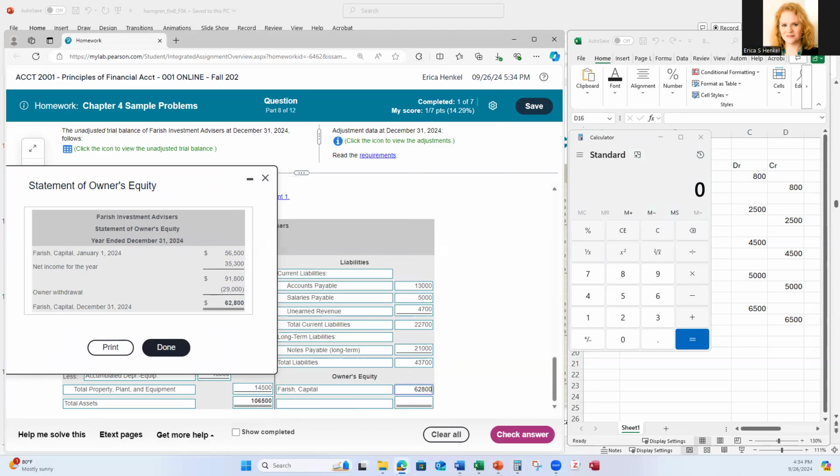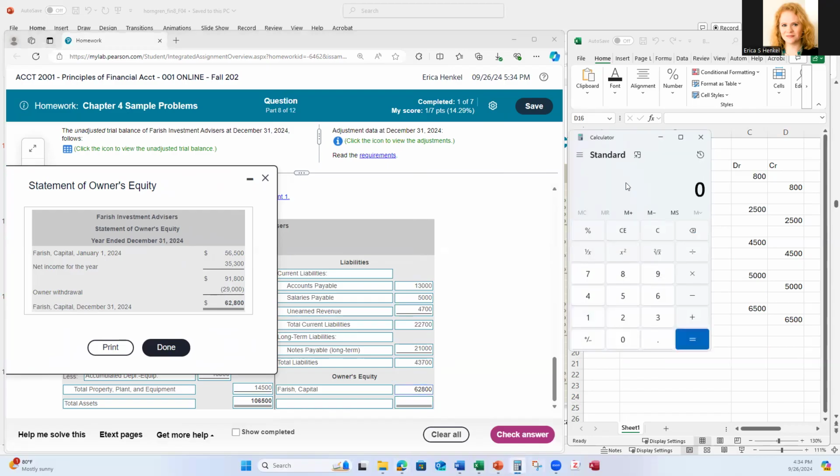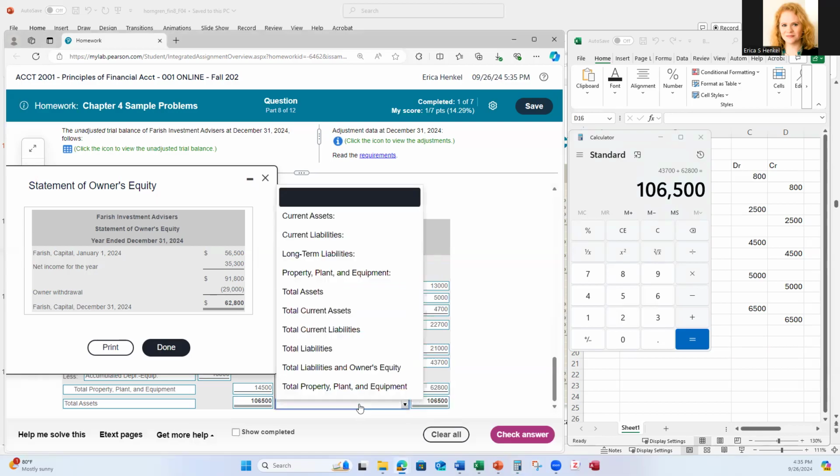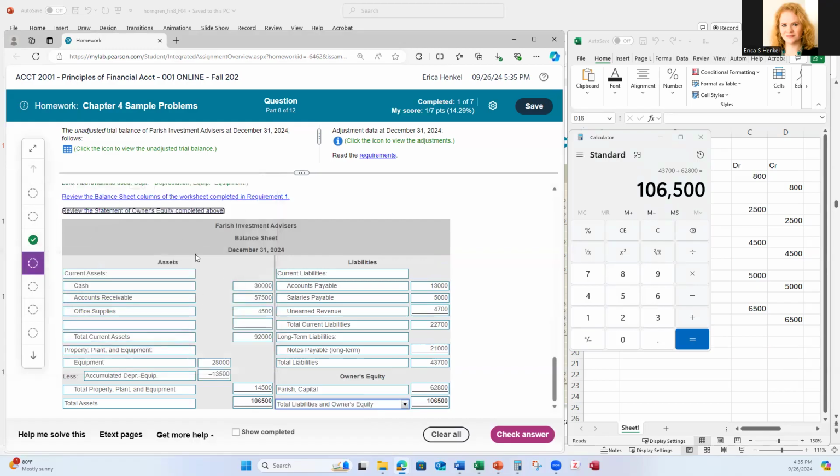And then if we add together our total liabilities and our total equity, so total liabilities of 43,700 plus the 62,800 in Farah's capital, that gets us 106,500 for total liabilities and owner's equity, and that ties out to our balance on the asset side.